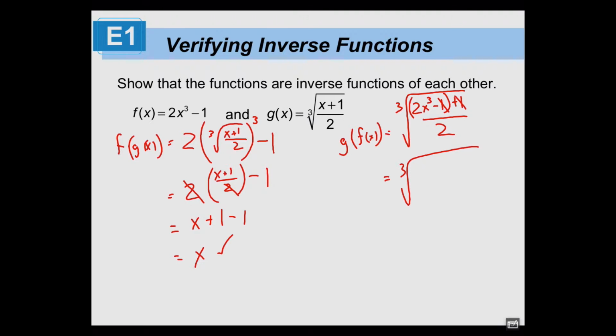Well, the 1's go away, the 2's cancel, the cubic root of x cubed is in fact x. And so we know that those are inverses of each other. Do you have to do both methods? Have to do both ways. Every time? Yep. There are certain bizarre instances where it works one way, but not the other way. So you check them both and you're good to go.